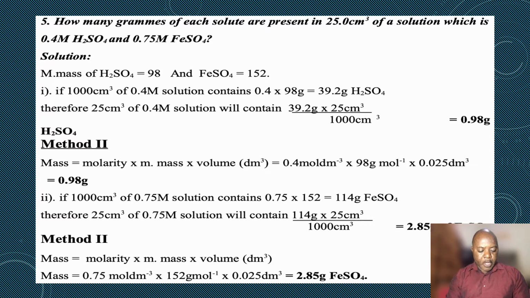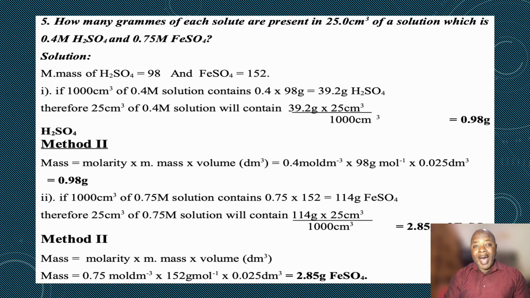0.025 times the molarity, which is 0.75, and we have 0.01875. Those are the number of moles of iron 2 sulfate.